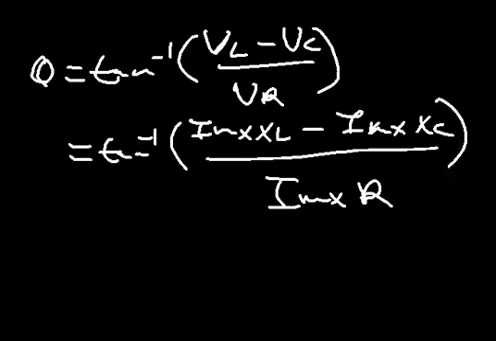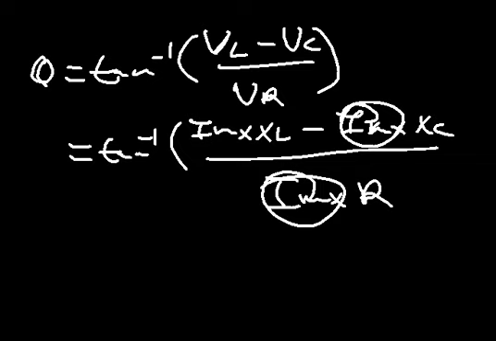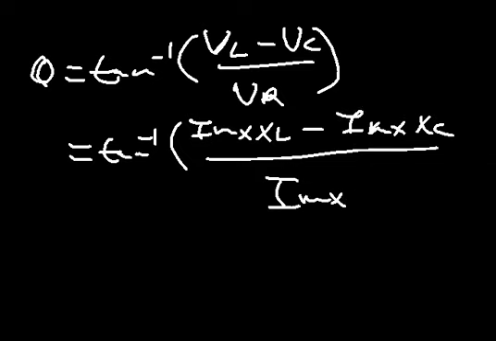This is according to Ohm's law. And of course, if we are using the root mean square values, instead of Imax we'll have I root mean square, based on the definition I have given.